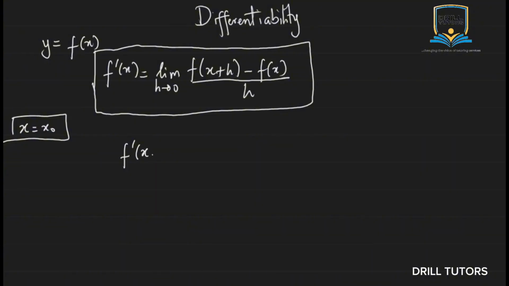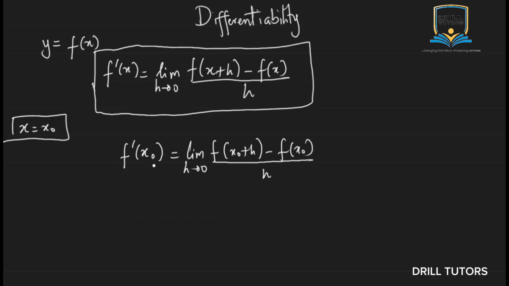You define it on x naught like this: f prime at x naught is equal to the limit as h tends to 0 of f at x naught plus h minus f at x naught, all over h. We discussed all of this in class. Now, this is how you define the derivative at point x naught.